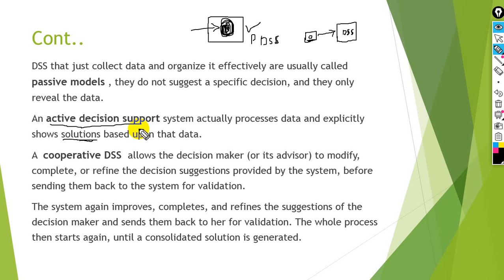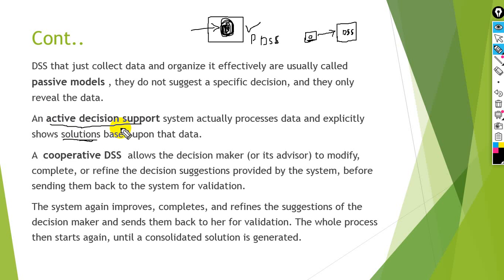I did this practically in your class. If the number of items becomes less than 10, you should order that product. A complete inventory management system like this will work like an active decision support system.